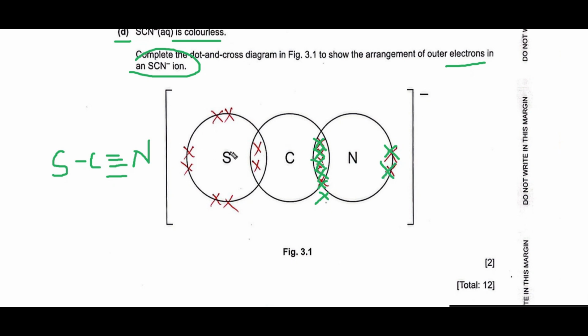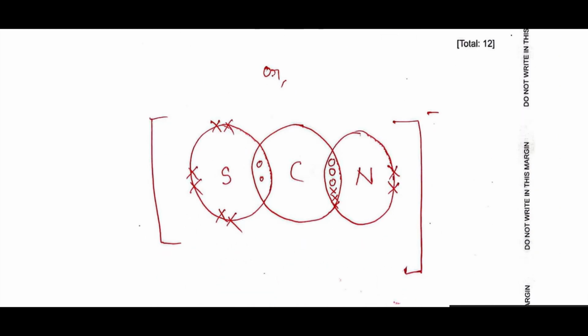Now sulfur has 6 electrons in its outer shell, 2, 4, 6. Then carbon has 3 remaining 1, as it is minus, so 1 electron is more. Or you can show here 3 electrons from carbon, 3 electrons from nitrogen, triple bond, carbon negative, sulfur.